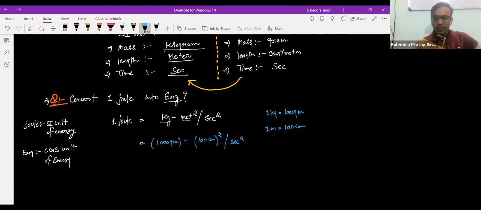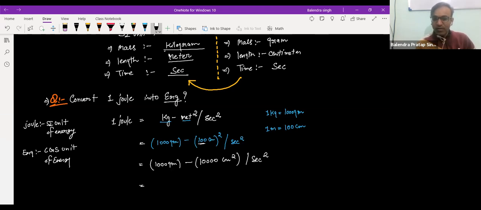So 1,000 gram, and there is a whole square. So what will be this 100? The square of 100 is 10,000, that is 4 zeros, centimeter square divided by second square. So how many zeros here?